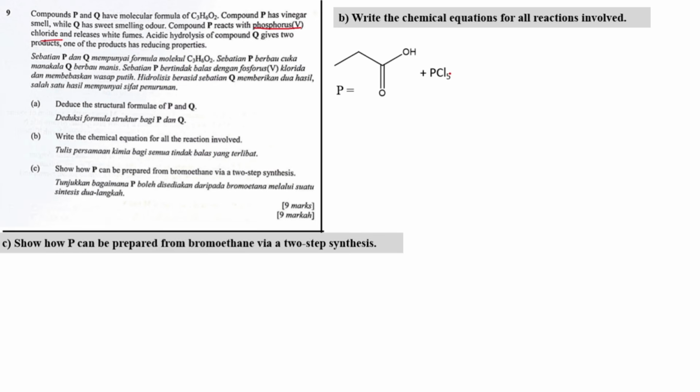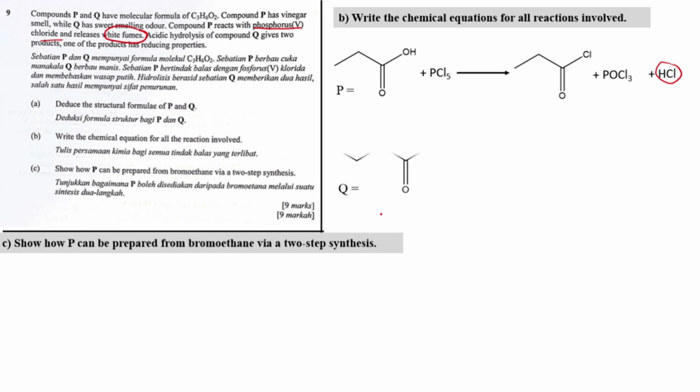From here, the Cl will take over the place of OH, so it's going to become an acid chloride, and it's going to produce a byproduct of POCl3 as well as HCl. So this byproduct here needs to be written. Okay, and HCl here represents the white fumes that have been produced.